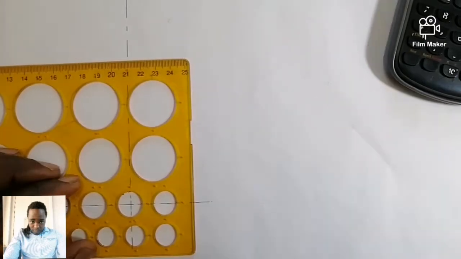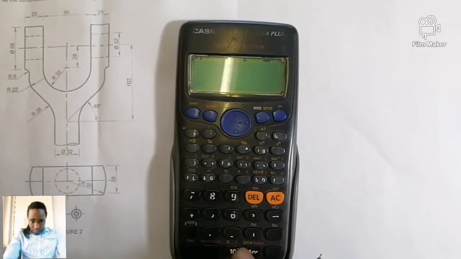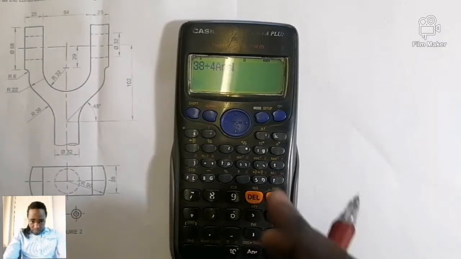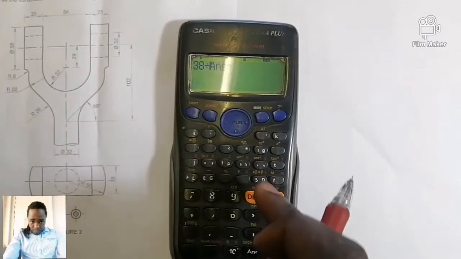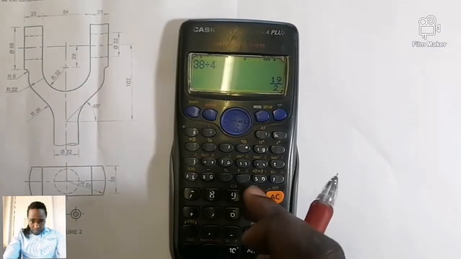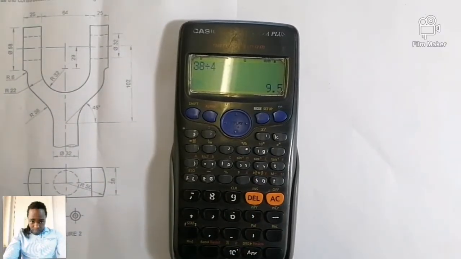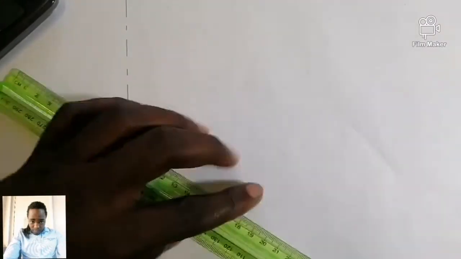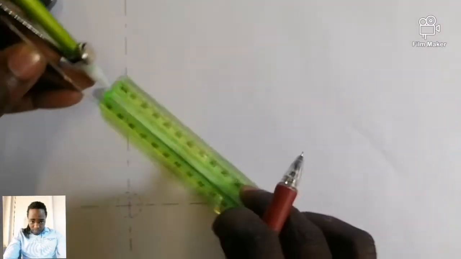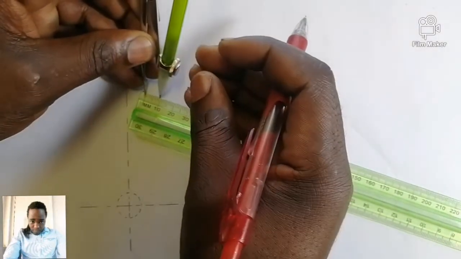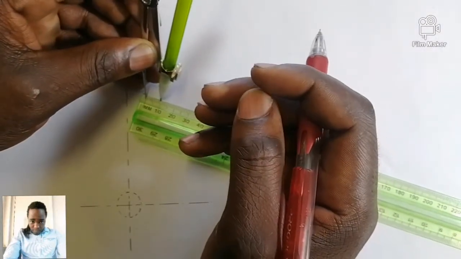Again, then from there I am going to say 38 divided by 4 because of the center. Remember, divide by 4 because of the center. Simplify it is 9.5. Between 9 and 10.